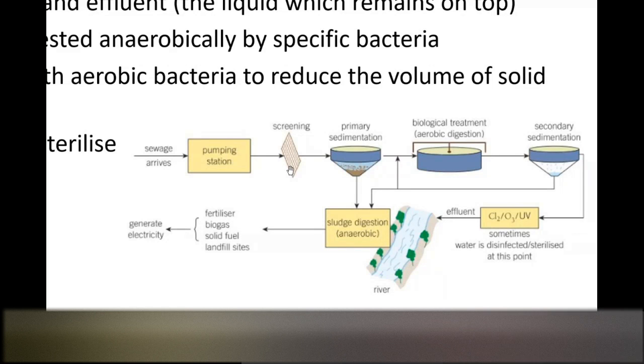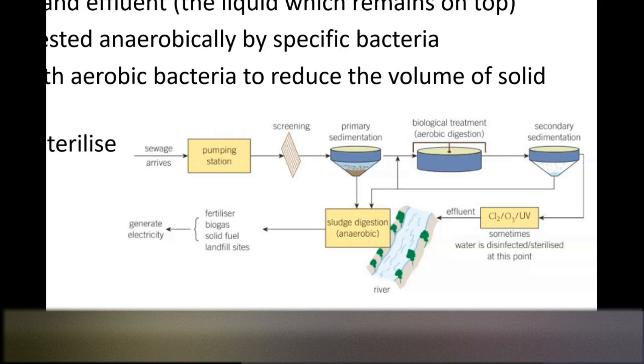So screening, sedimentation, aerobic digestion of the effluent by bacteria, anaerobic digestion of the sludge, and then the effluent is disinfected or sterilized with either chlorine, ozone, or UV light.